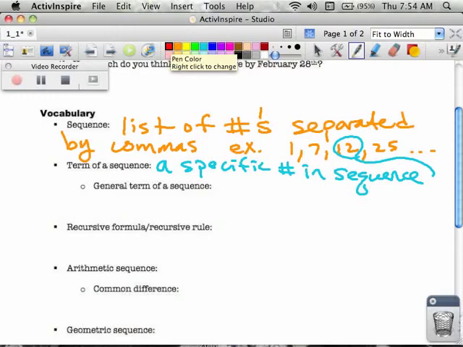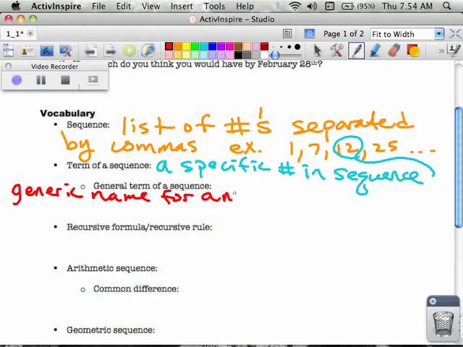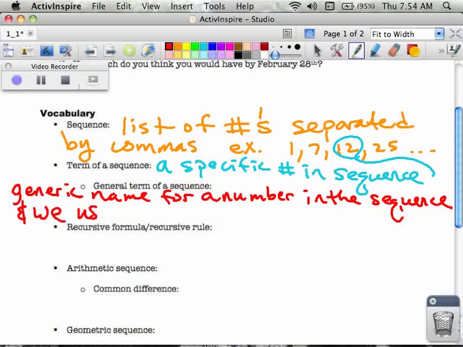And the general term of a sequence is the generic name for a number in the sequence, and we use either a sub n or u sub n.